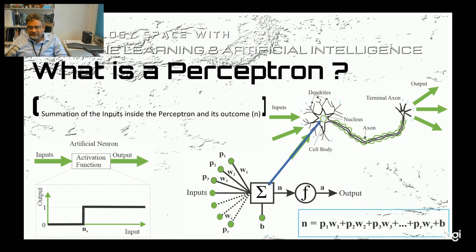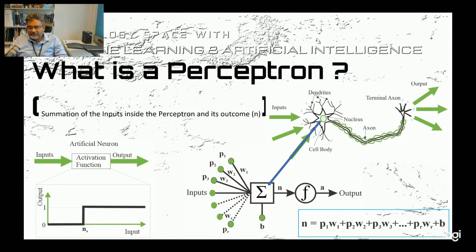If you consider all the inputs, weight factors, and the bias term, it can be represented by each input multiplied by the respective weight factor. When you add up all these components up to R number of components, and then add the bias also, the outcome is the total summation of inputs coming into the perceptron, and that summation is represented by N in this perceptron.